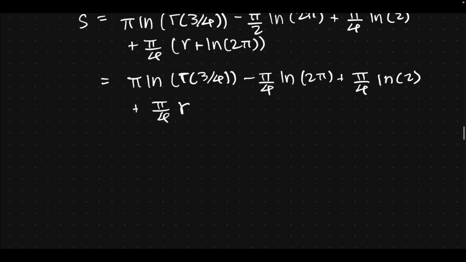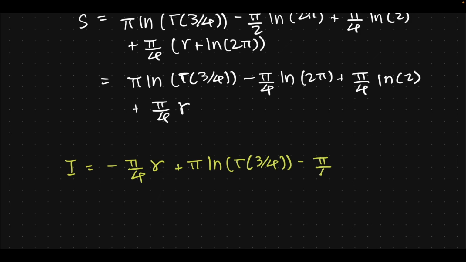So finally, we can write what I was: minus pi over 4 gamma plus S, and S is evaluated above, pi ln gamma 3/4 minus pi over 4 ln 2 pi plus pi over 4 ln 2. Those two terms can be simplified to natural log pi. And we add a pi over 4 gamma, which will cancel out with the initial one.